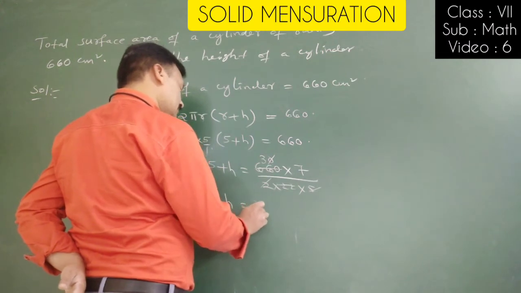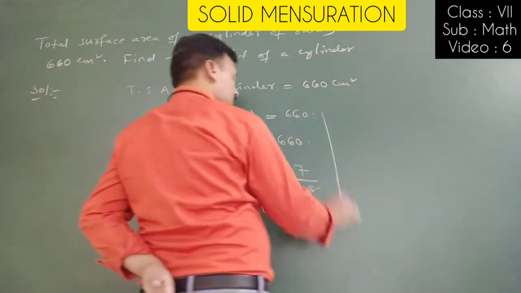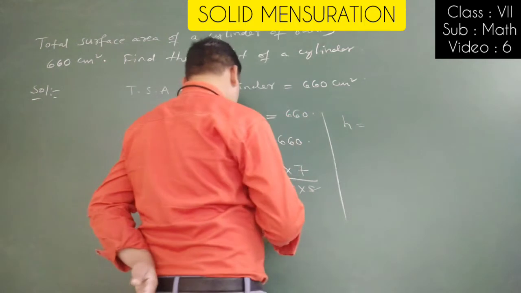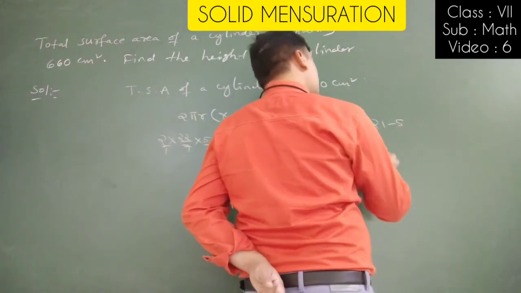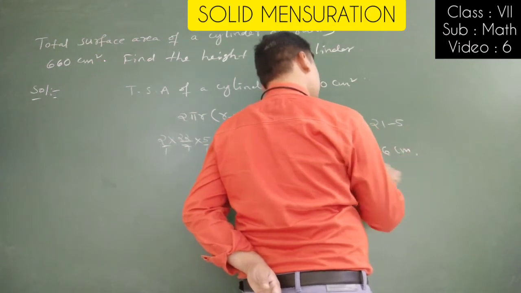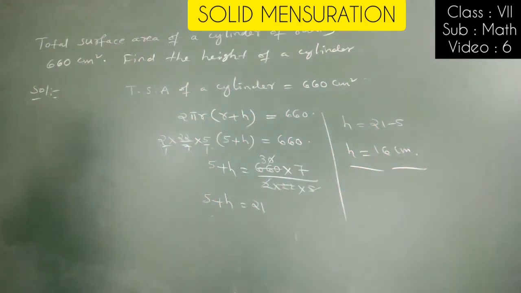Here 5 plus h equal to 21. Then h equal to 21 minus 5, that is 16 centimeters. In this way, we can find a required measurement.